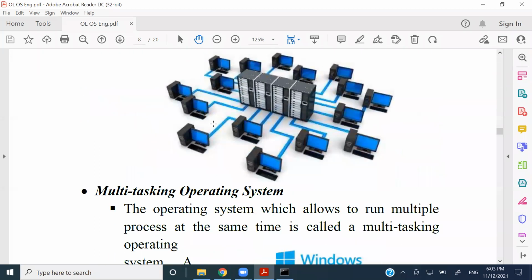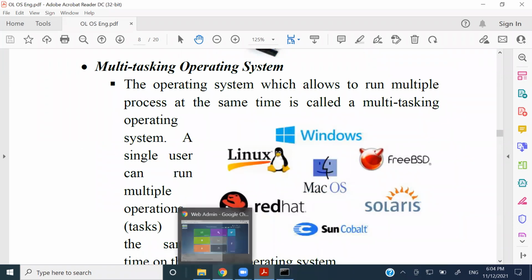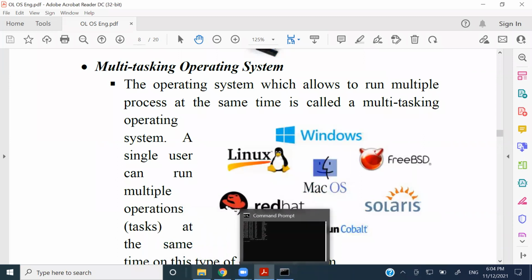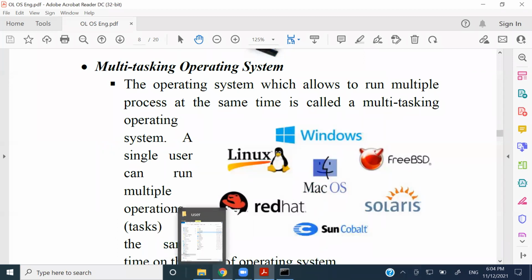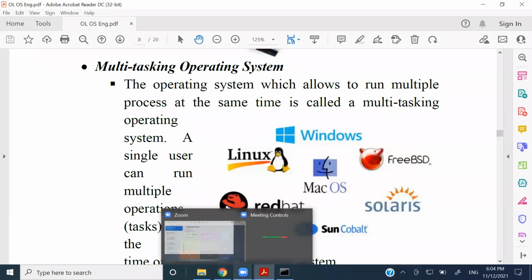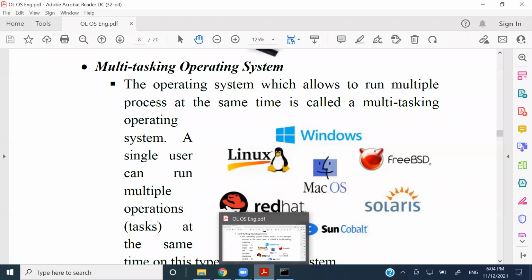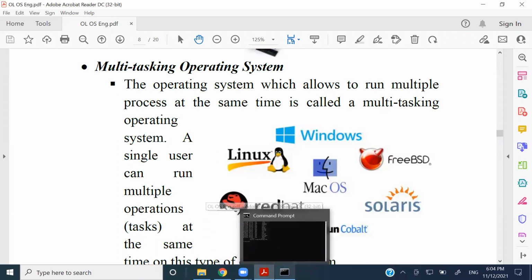So the next operating system is called the multitasking operating system. If you consider my screen, on my taskbar you can see several different programs running, right? I have Windows Explorer, Chrome the web browser, the Zoom session, and Adobe Reader, which I'm showing you this note with, and the command prompt.